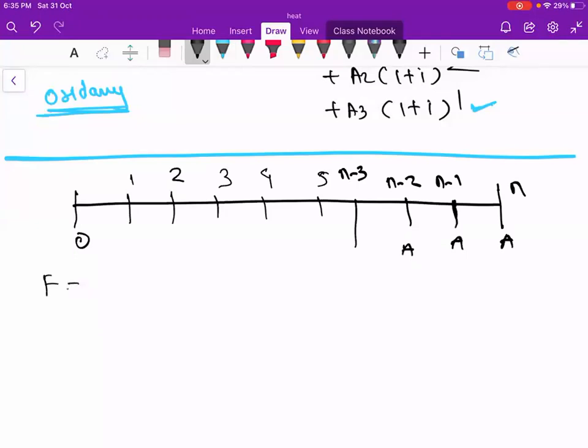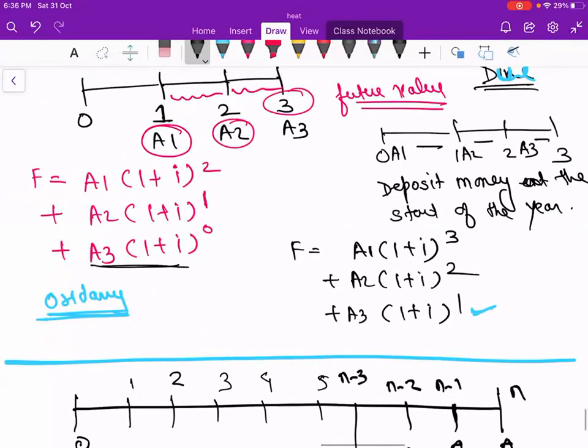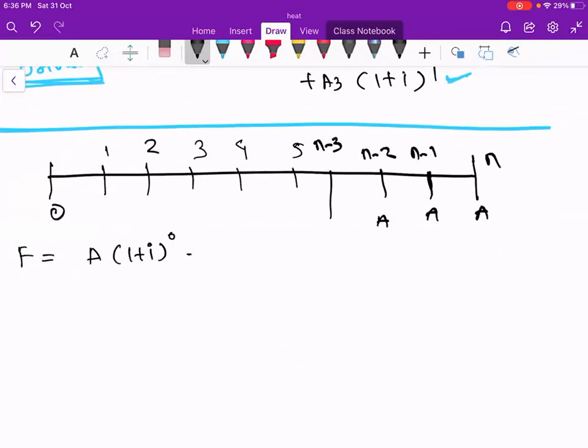Future value will be F equals A(1 plus i)^0, because we are getting 1 here, plus A(1 plus i)^1, plus A(1 plus i)^2, up to how many years will we get?